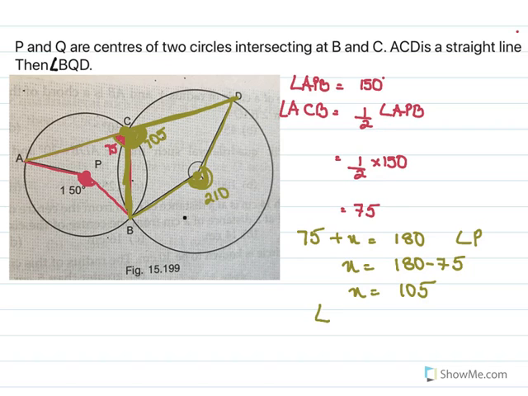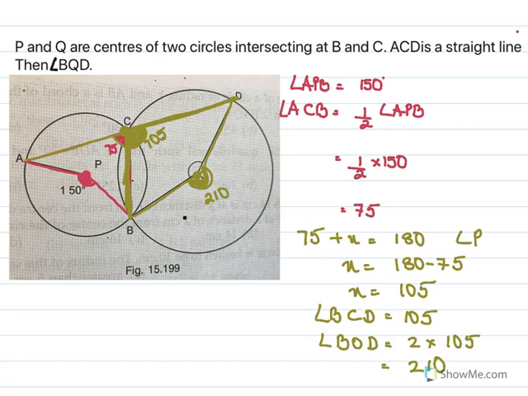BCD is 105. Therefore angle BQD is 2 times 105, and BQD is 210.